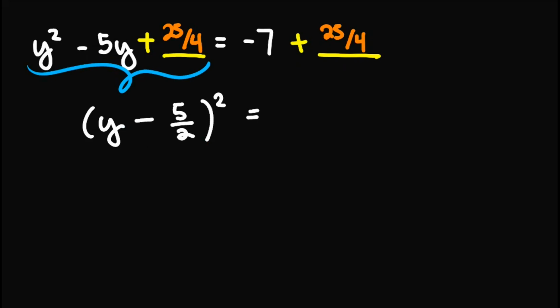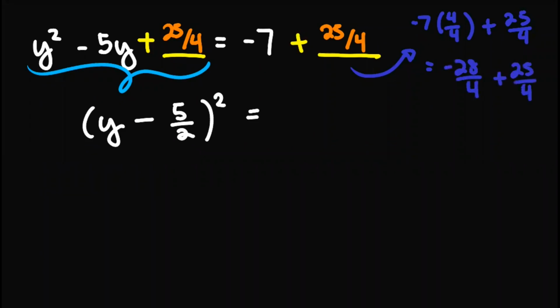We can write it as -7 times 4 over 4 plus 25 over 4. This is equal to negative 28 over 4 plus 25 over 4. Simplifying, this is negative 3 over 4. So we have here negative 3 over 4.